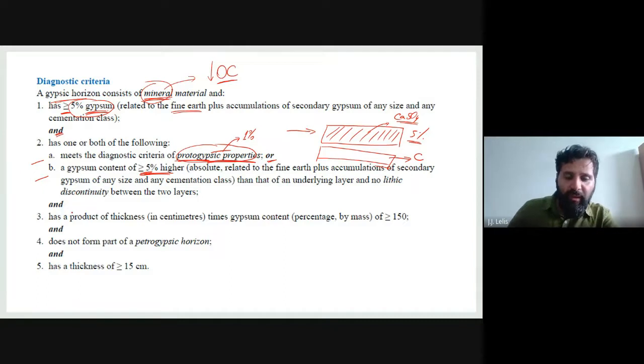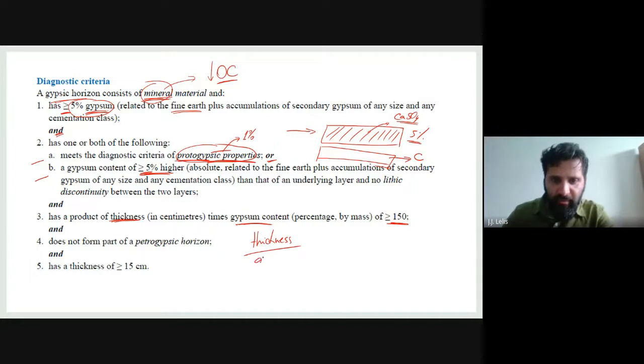And we need to find a product between the thickness of this horizon and the gypsum content of at least 150. So we calculate a ratio between the thickness of this material and the gypsum content, and we need to find at least 150.